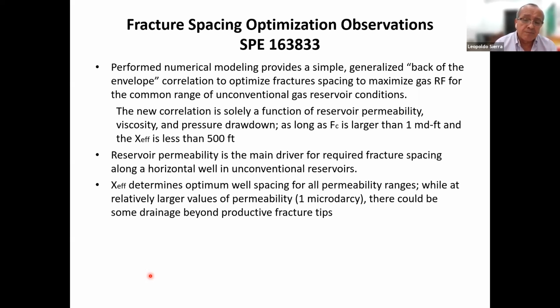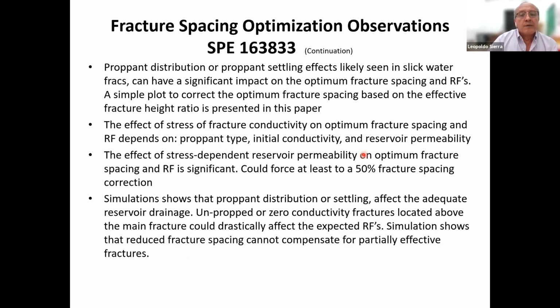This is mainly because if your permeability is really that high, there is no way to justify that you are not draining the reservoir farther than the fracture tip. That's the main justification for this type of constraint in our correlations. So our maximum permeability for this correlation is 1,009 units.